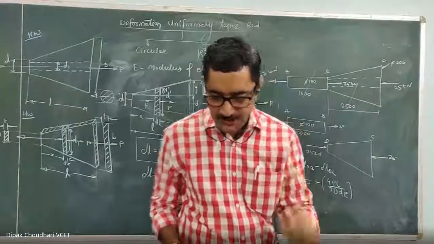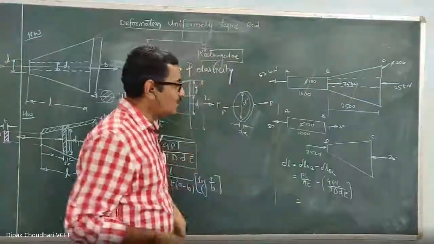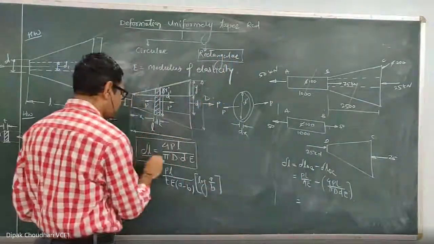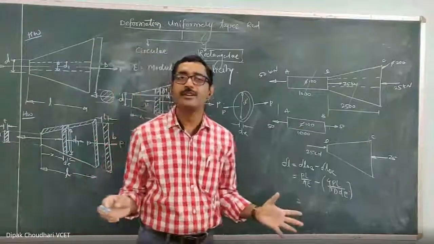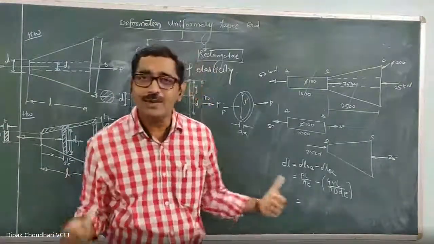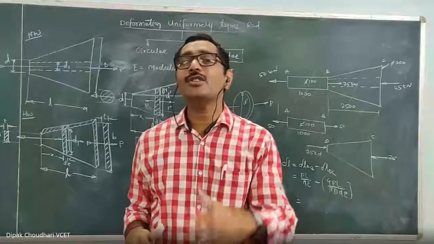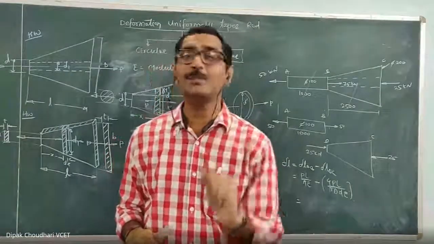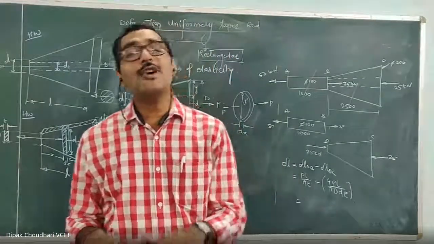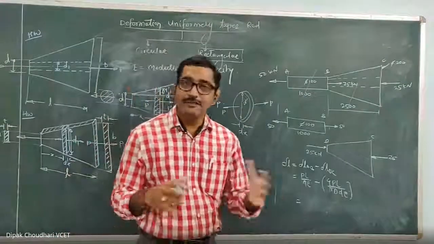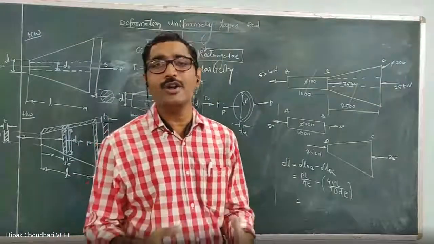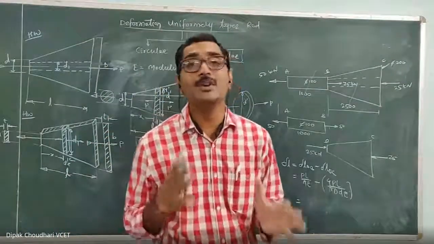Then the next part. Till now, what we have solved, we have calculated the deformation because of the axial forces acting on the component. We have not considered the deformation of a rod or a beam because of the self weight.